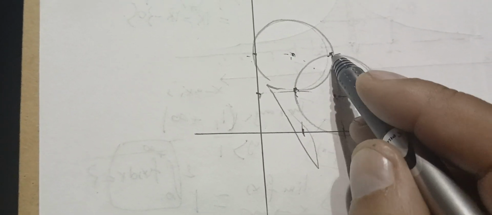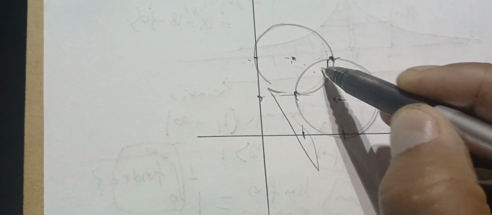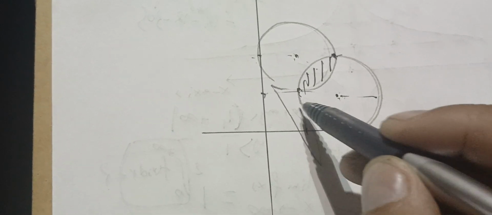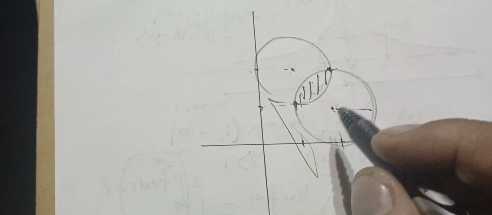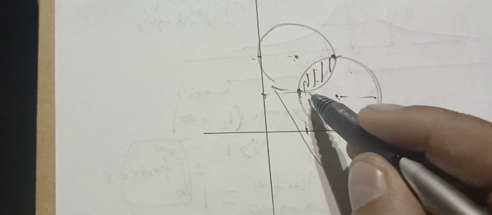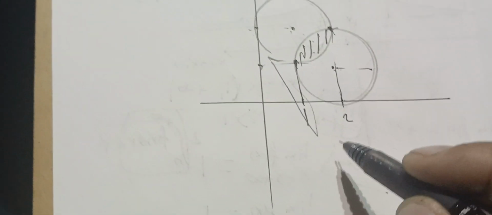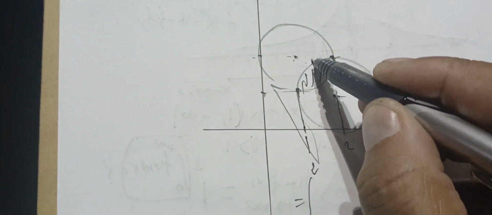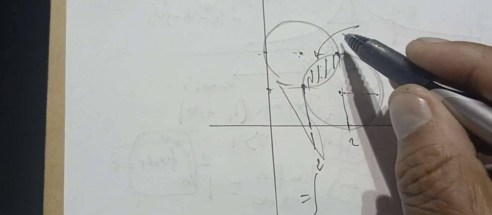Why are we interested in this point of intersection? So assume that we want to find the area here. Sometimes it's not easy to find, but using calculus we can find the area. So we know our x here is 1 and 2, so we can say the area is between 1 and 2. And can we find this one here? Yes, we can solve for y and find this part.